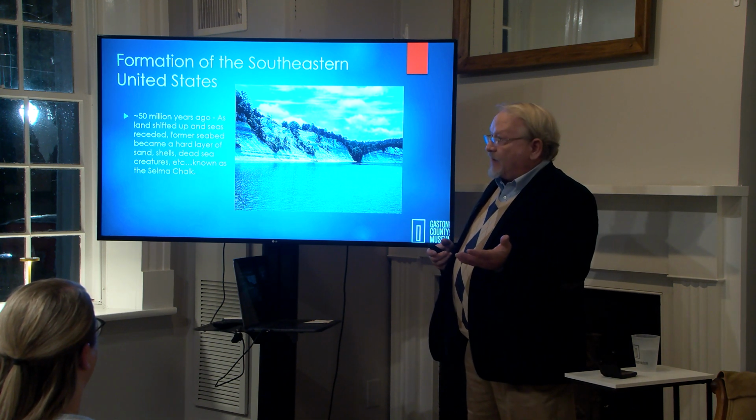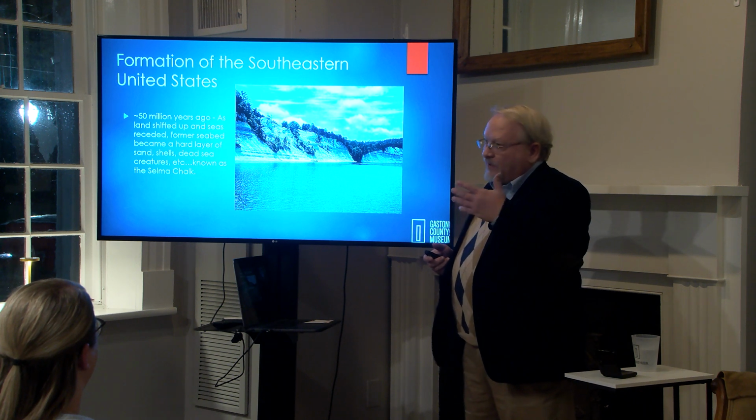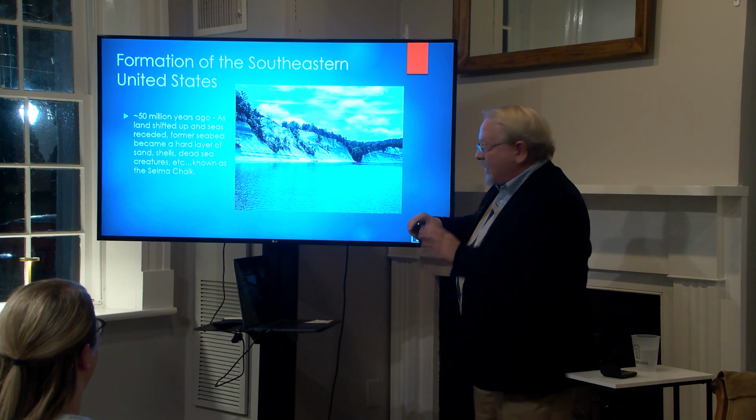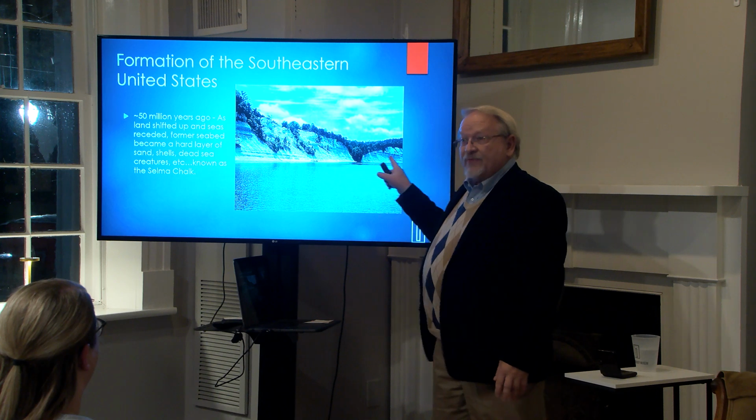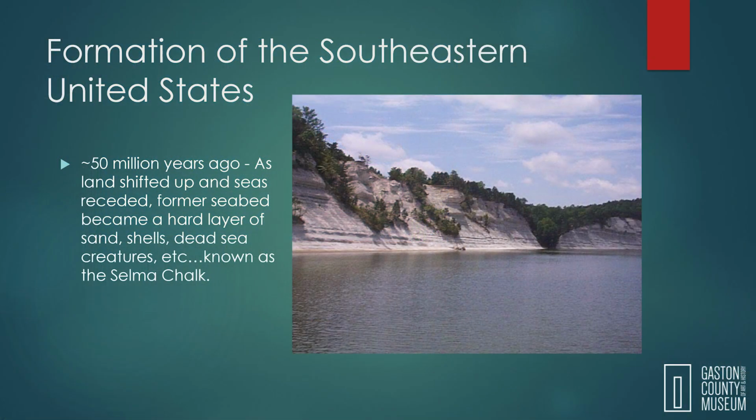Selma, from Selma, Alabama, because that's where it's most prominent. That's where they first found it. But that layer used to be the seafloor. And like I said, it's full of lots of calcium, lots of rich minerals and things like that. So that in itself is nice.